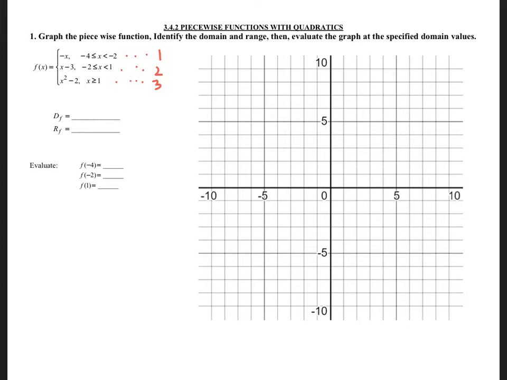So -4 gives me 4 right there, and that's going to be a closed circle. Then the next one, I plug in -2 into y equals -x, and I get 2. So -2 gives me 2. That's going to be a closed circle, so I just connect those two. Then I go to the next one.